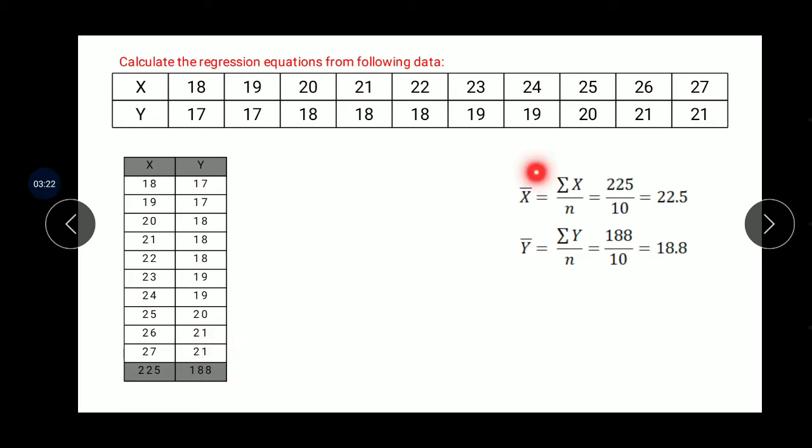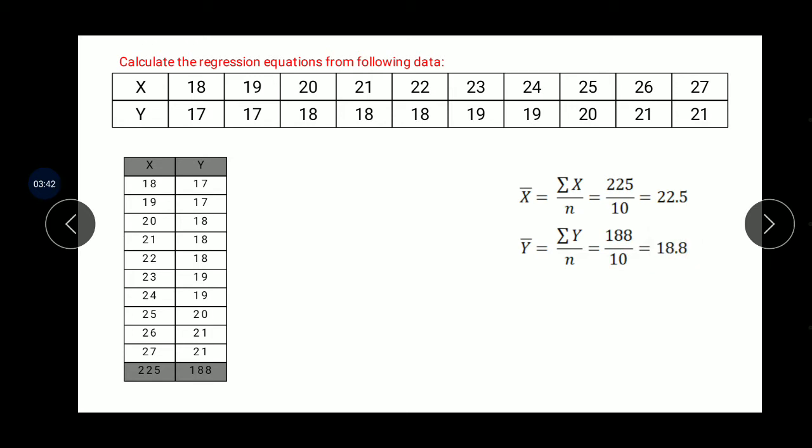So x bar is equal to summation x, the sum of the x series, divided by the total number of items. So this is 225 divided by 10, which is 22.5, and y bar comes out to be the sum of the y series, 188 divided by 10, which is 18.8.